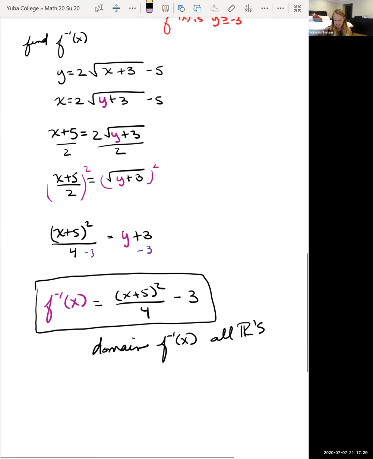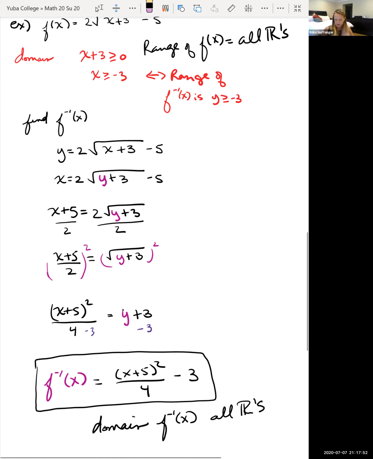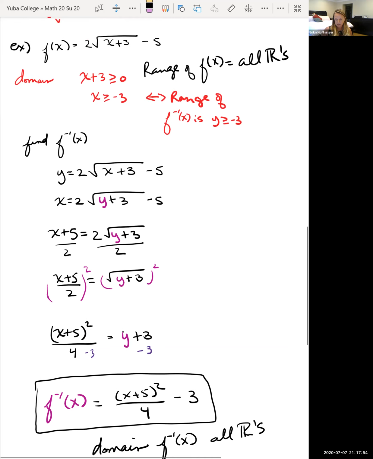Which means my range of f of x is equal to what my domain was here, which was all reals. So my range of f of x is all reals. One more thing we want to show is the composition.